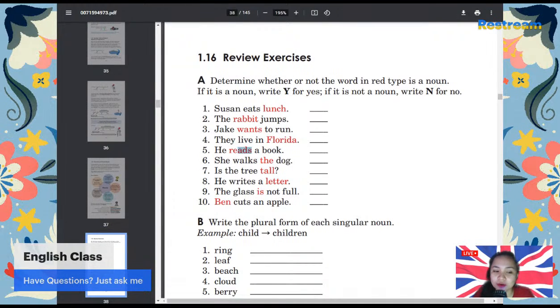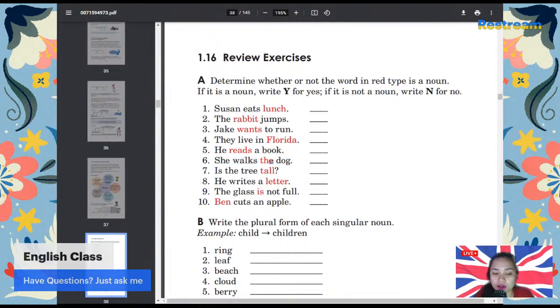The word reads is not a noun because this is an action word. You are doing something to the book. You are reading, right?